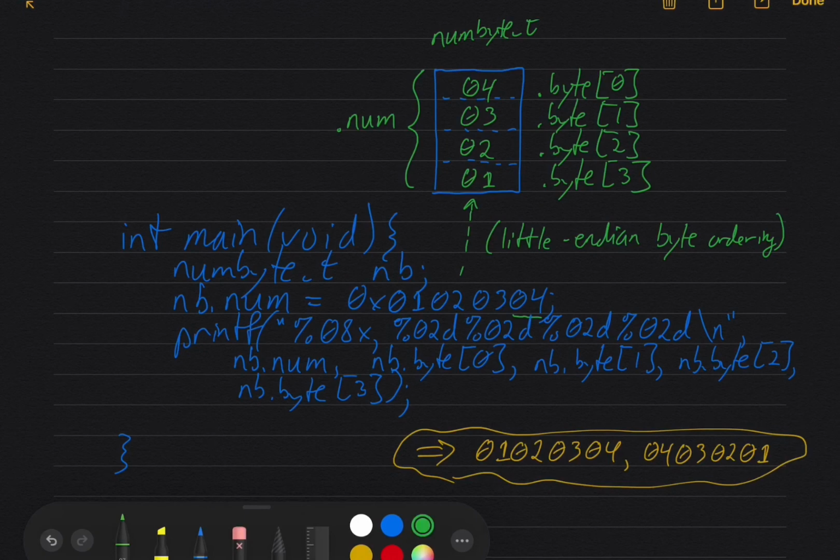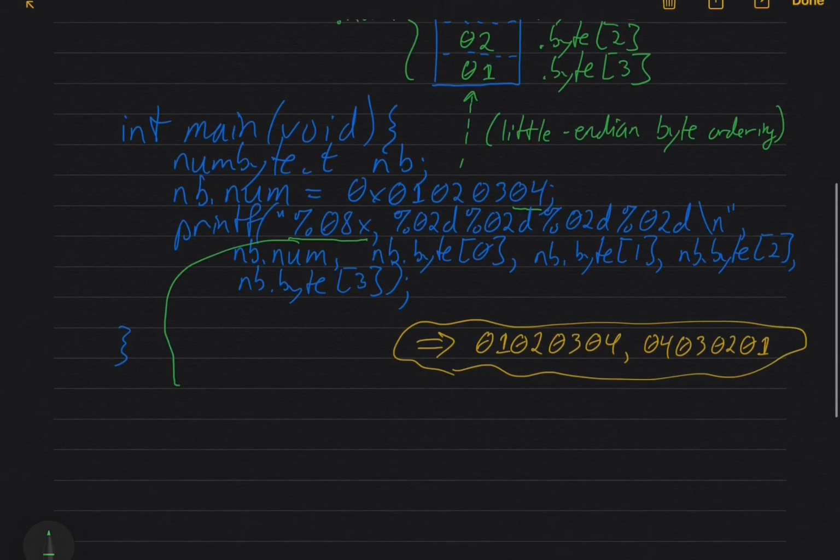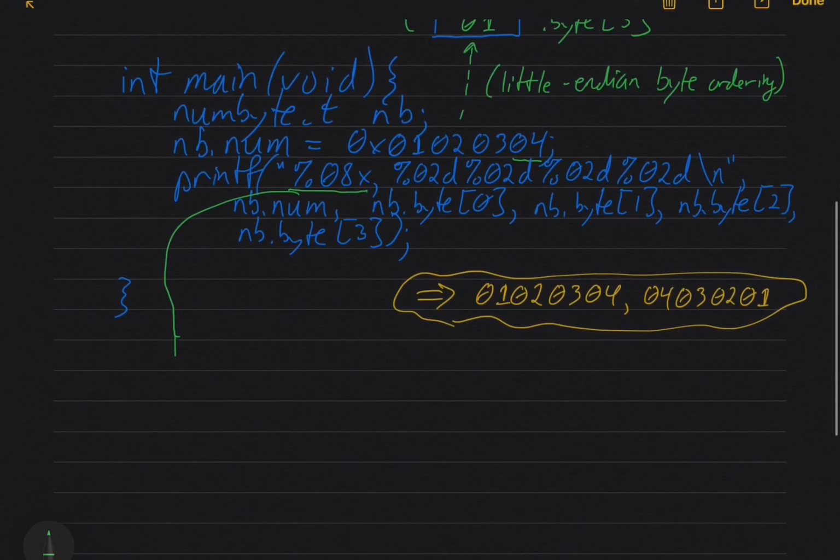And I'll just add a note about this conversion specifier here. So this is the hexadecimal conversion specifier. And we added some numbers that indicate that it should be 8 digits.